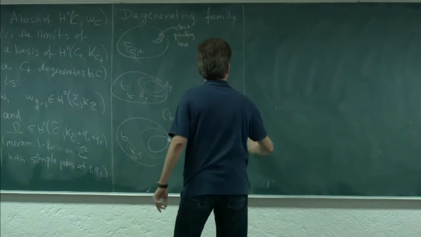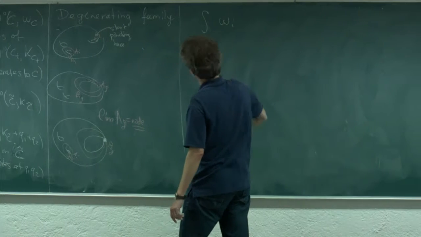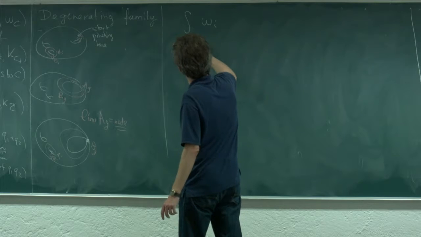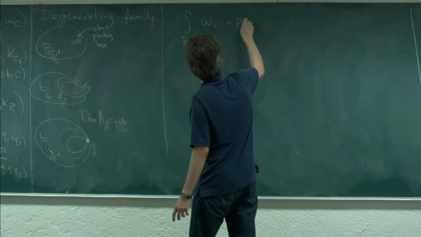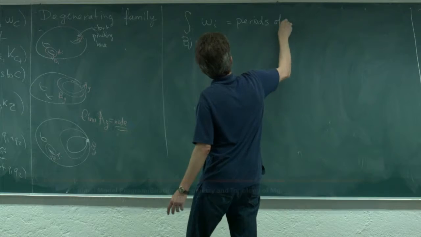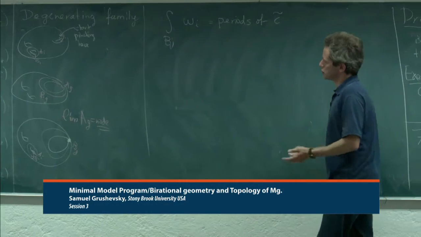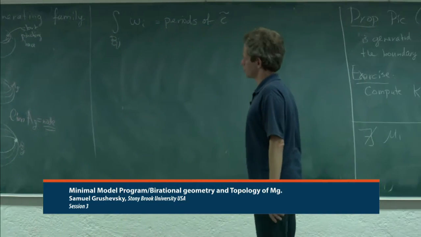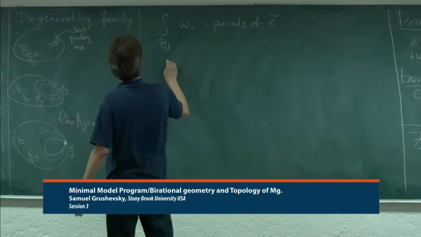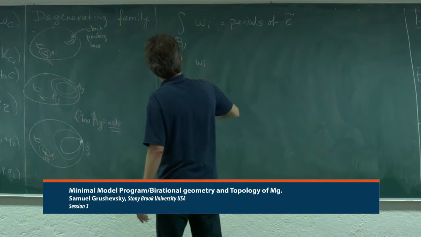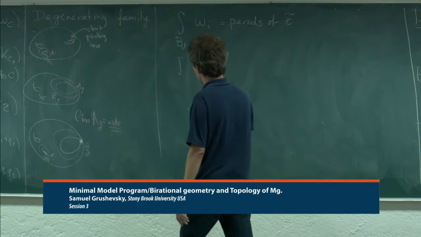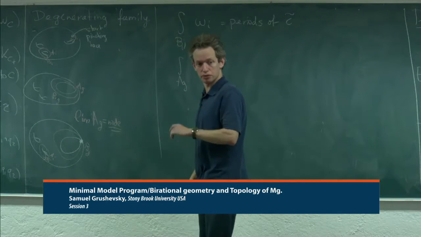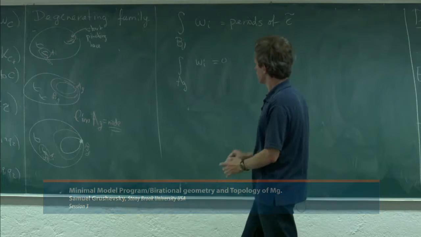So if I take some omega_i and I integrate it over b_j, this is still okay. So these are periods of the normalization, obviously. This thing just lives entirely on the normalization, C tilde. The integral of omega_i over A_g was always 0 as we were deforming the family, so it stays 0.